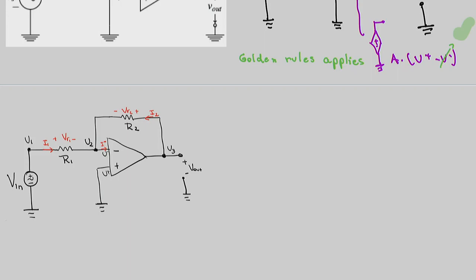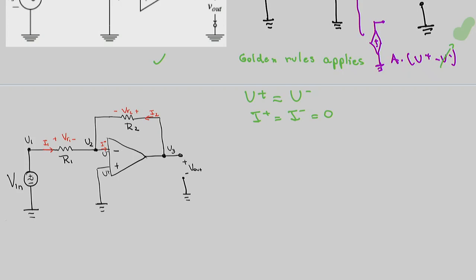Because it is negative feedback, the golden rules apply: U plus is going to be equal to U minus, and I plus is going to be equal to I minus, which is equal to 0.